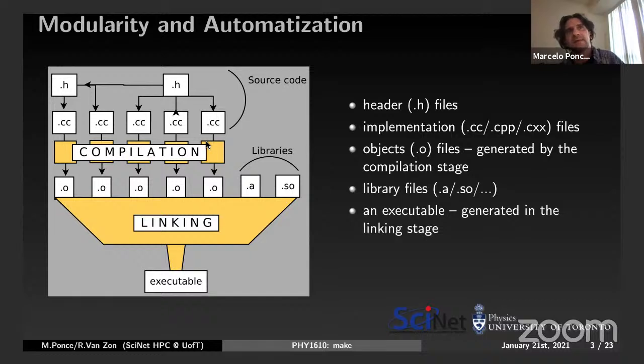And then the second stage of the compilation is linking. Linking relates to bringing together all the actors that are not explicitly part of the code developed in the modules, like for instance external libraries or external objects. So the linking stage brings all these objects together and then generates your final executable.